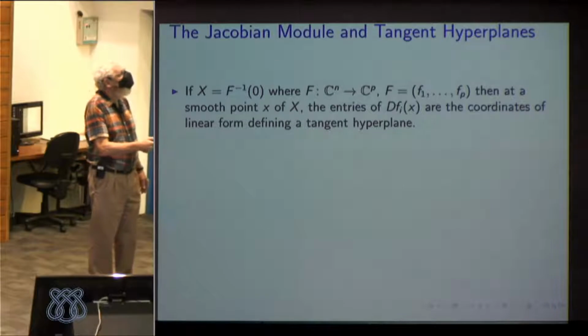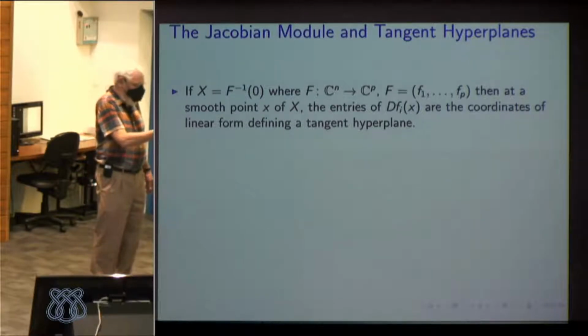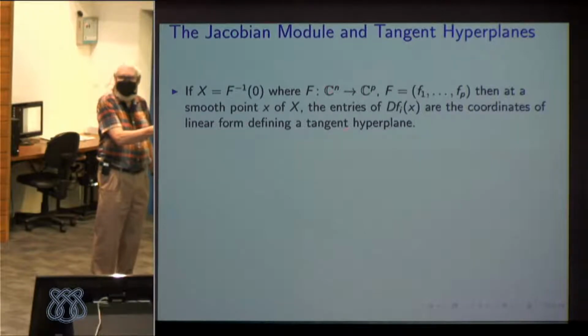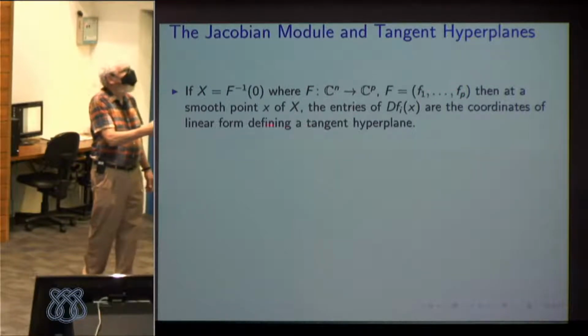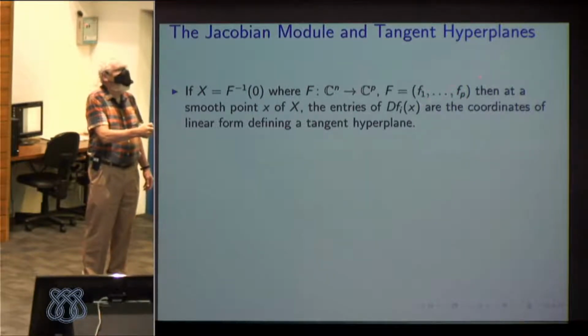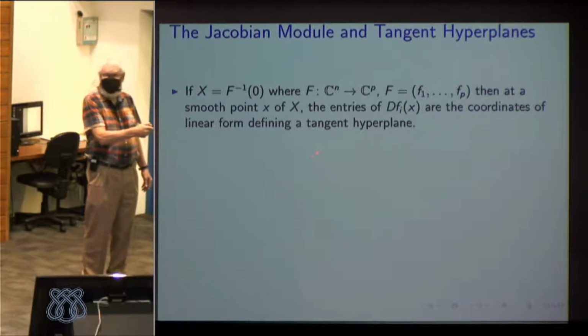Okay, hyperplanes. Well, as an example, if we look at maps to CP now, these are the coordinates of my map. At a smooth point of x, if I take any one of these and take its derivative, that defines a linear form. And that linear form is a hyperplane, and it must be a tangent hyperplane because it must contain the tangent space to x.